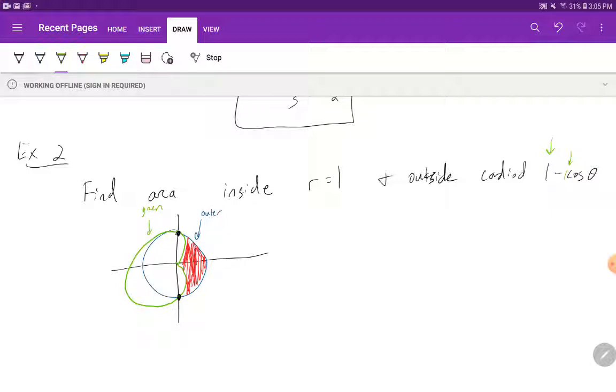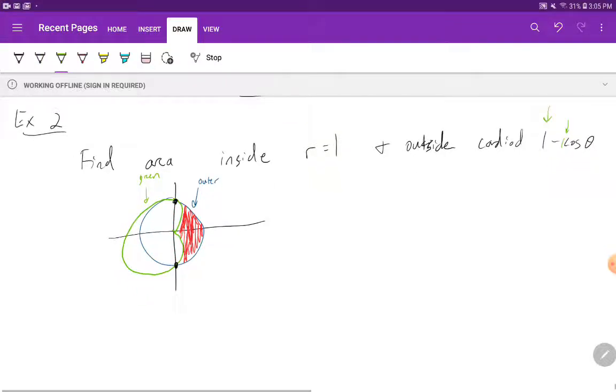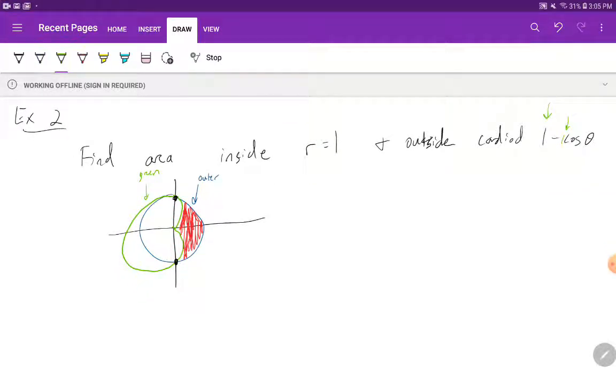Okay, so like I said, I'm just going to do the setup. To figure out the sweeping area, I'm going to use r equals 1 as a reference. That point for r equals 1 looks like negative pi over 2, and this point looks like pi over 2, because at negative pi over 2 the radius is going to be 1, and at pi over 2 the radius is also going to be 1.